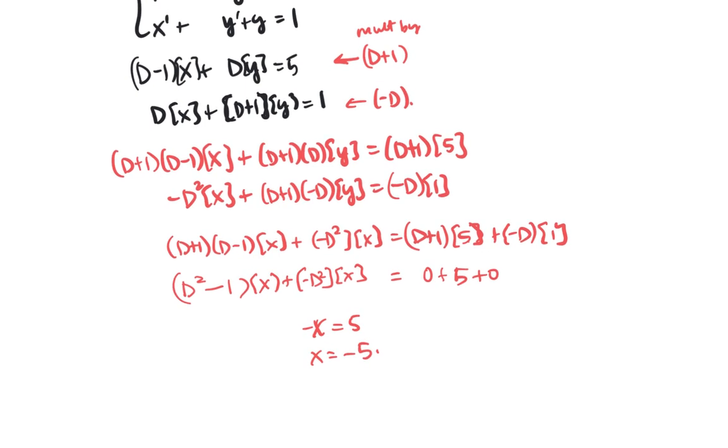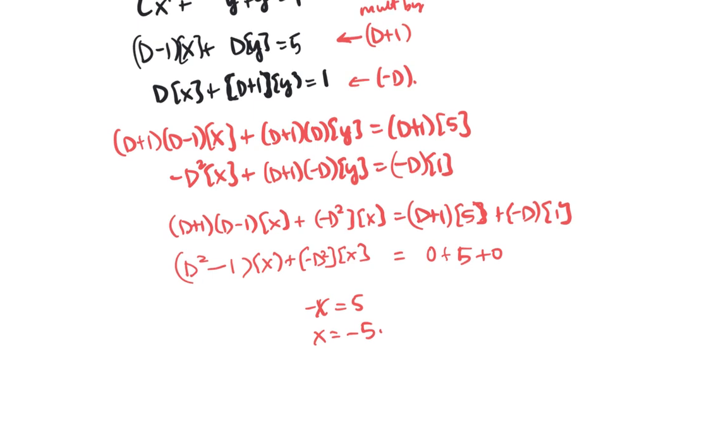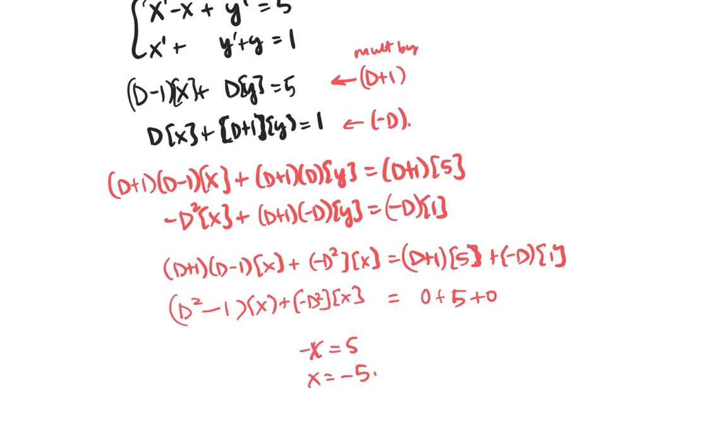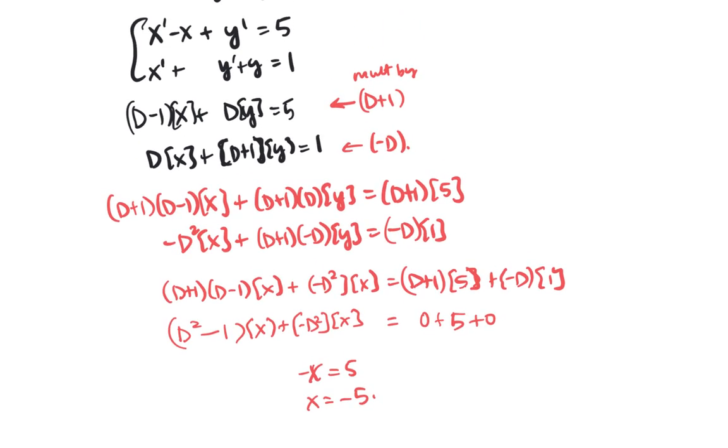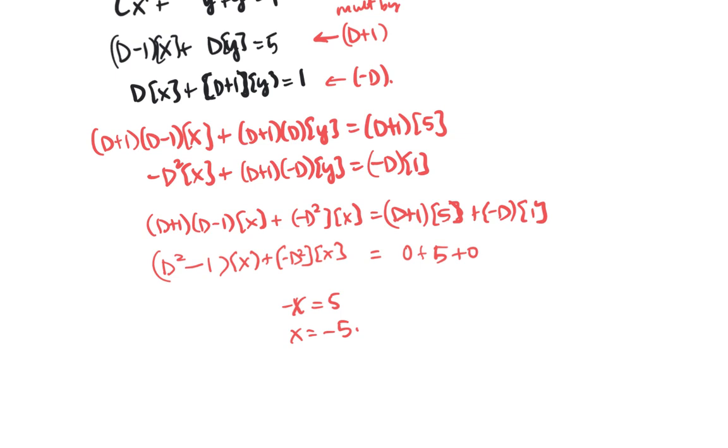Okay, and then what about the y? Now I can plug that back in up here into one of my equations. I'm going to substitute that back up into the second one. So x prime is going to be 0, and so I could sub that in.